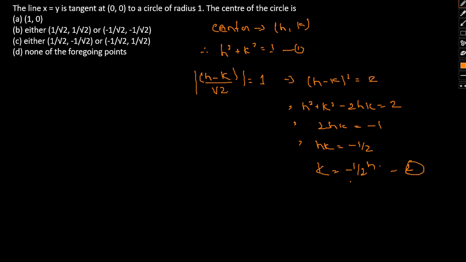So putting 2 in 1, we have h square plus 1 by 4h square equal to 1.